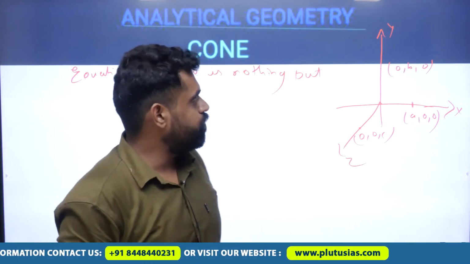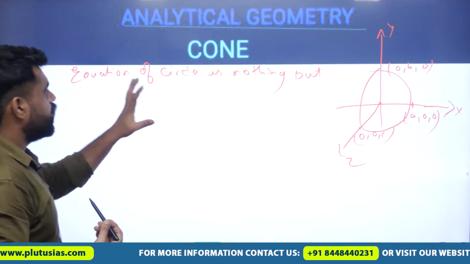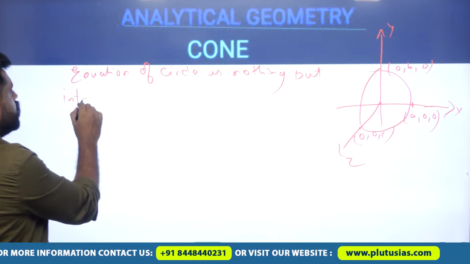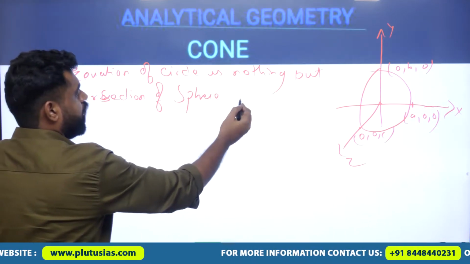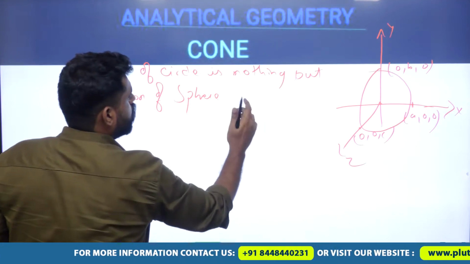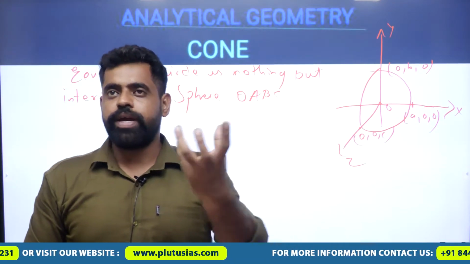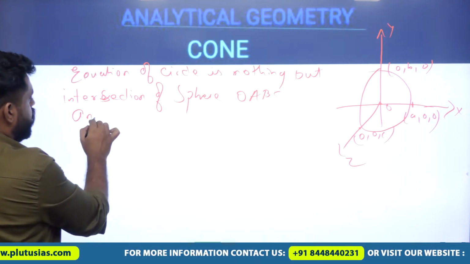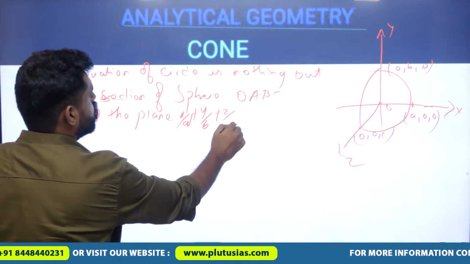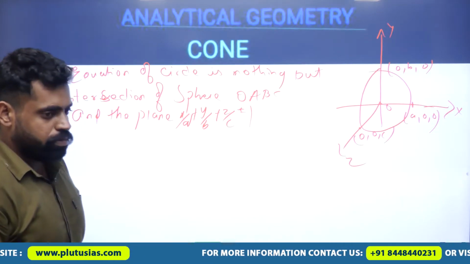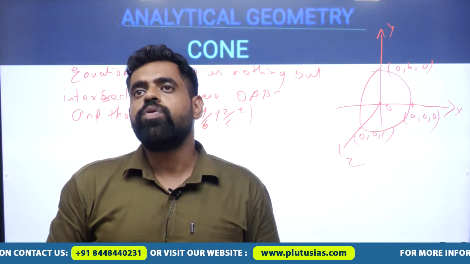This could be formed if the equation of the circle is the intersection of the sphere OABC, where this is O, and the plane x upon a plus y upon b plus z upon c equal to 1.